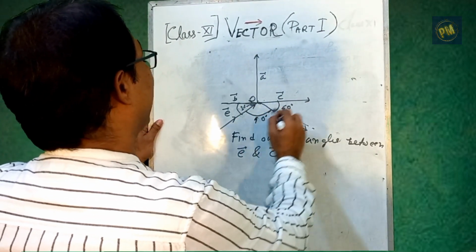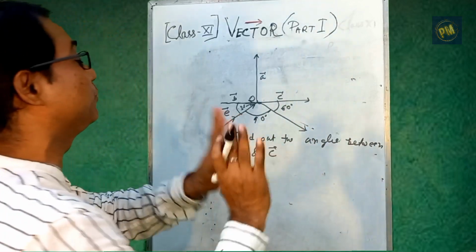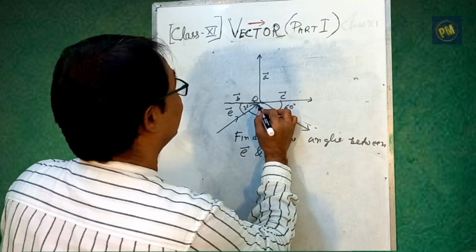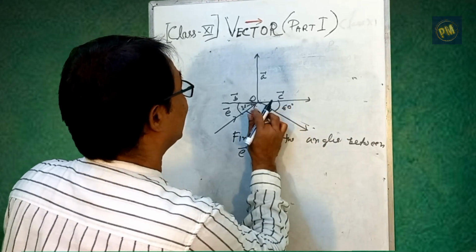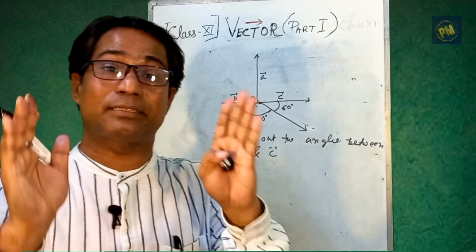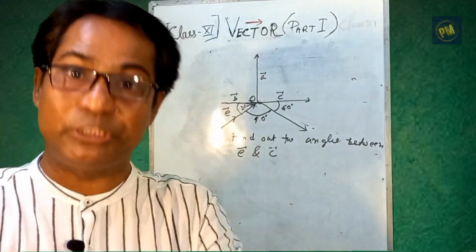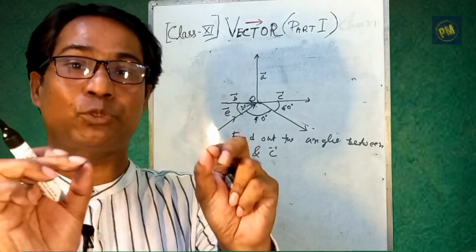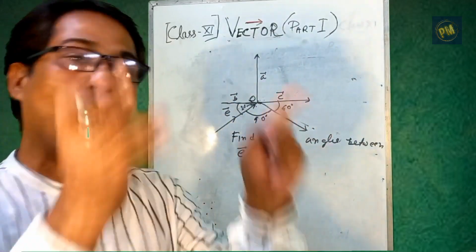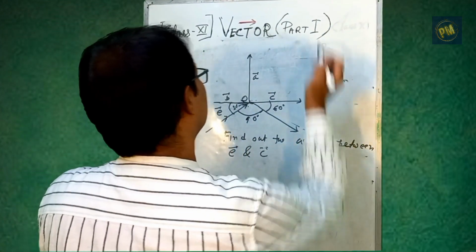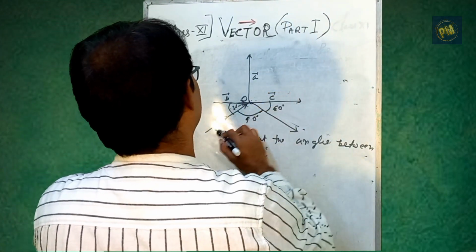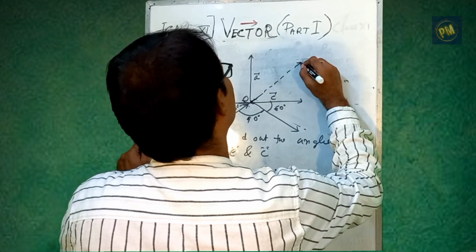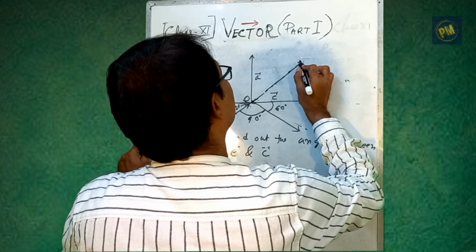You can't say the angle is 90 plus 60, 150 degree, because this vector has the head and this vector has the tail, joined head and tail. So when you have to find the angle between two vectors, you have to join the vectors head to head or tail to tail. So shift this vector E parallelly to this position. Now vector E is here.